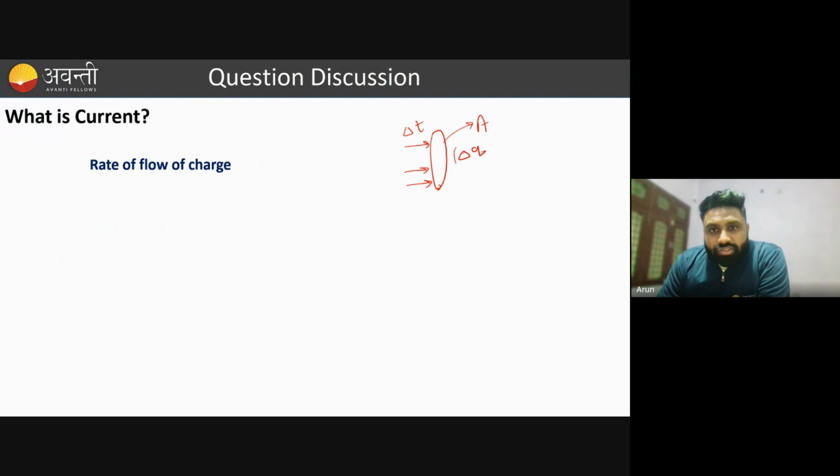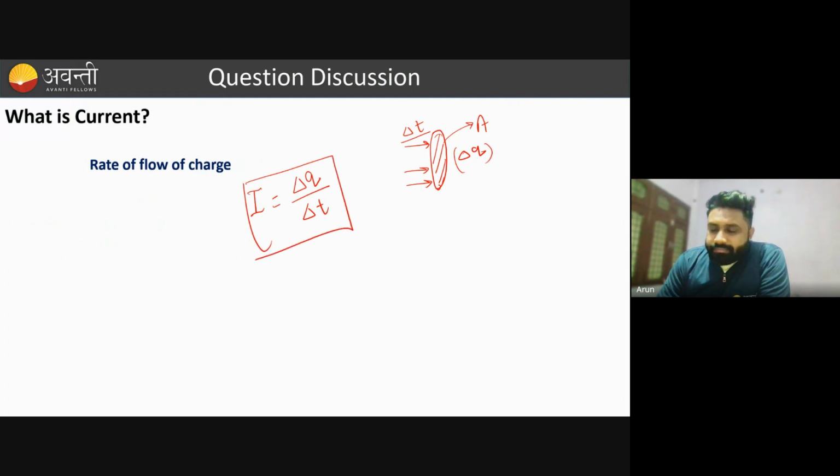So this much charge has crossed this cross-sectional area in this time. So what is the current? Current is defined as the rate of flow of charge per unit time.